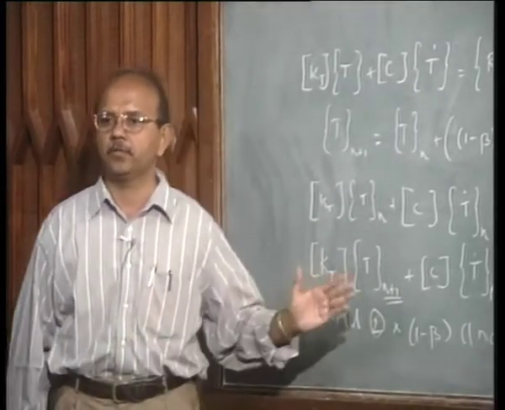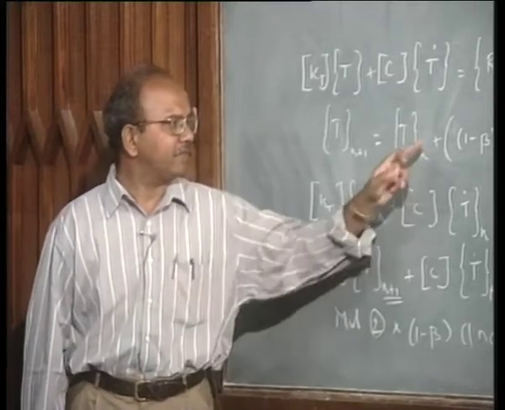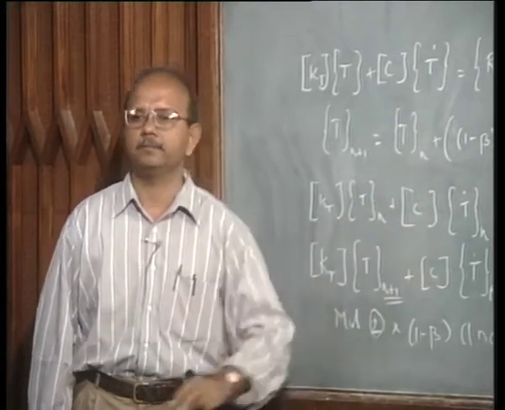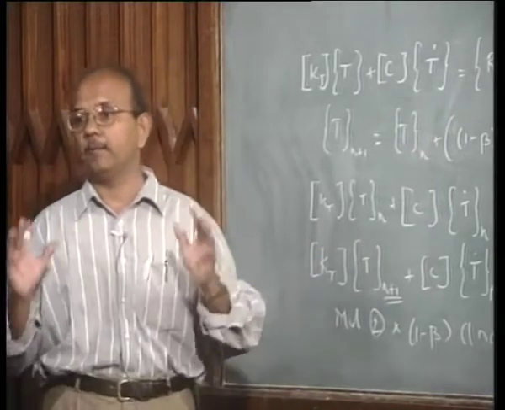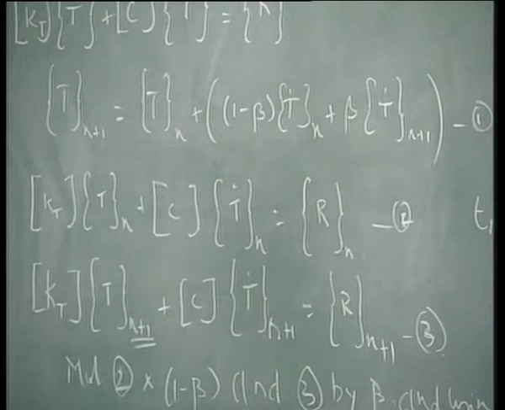Is that clear? Now, I have 3 equations, 1, 2 and 3, right. Now, what am I going to get? I am going to combine these 3 equations and get one simple simultaneous equation, using which I am going to proceed as I had done in the previous case, right.